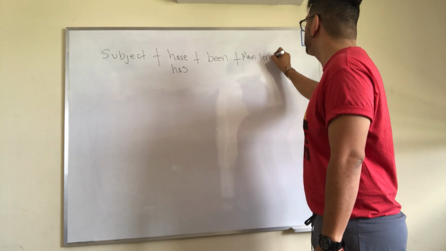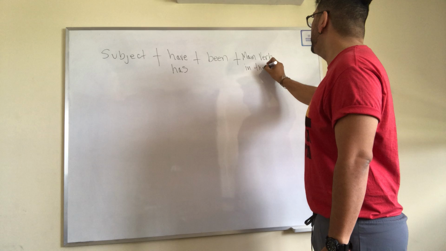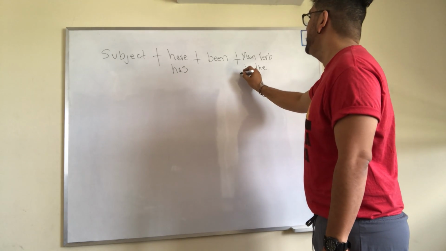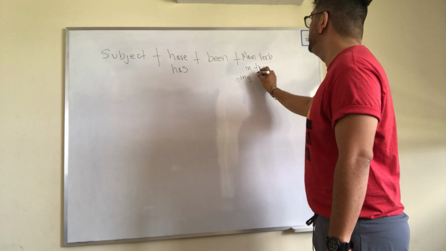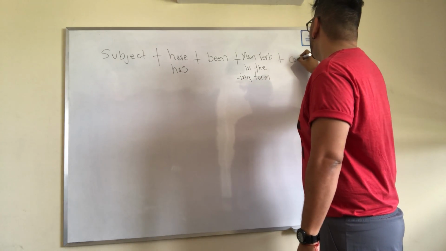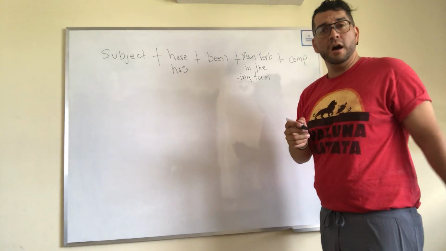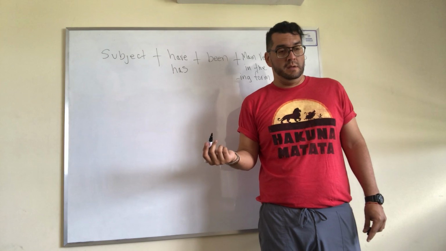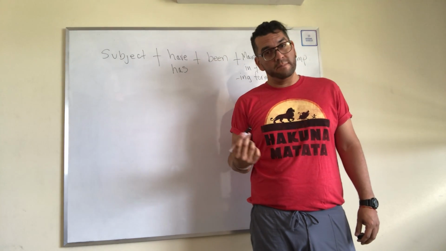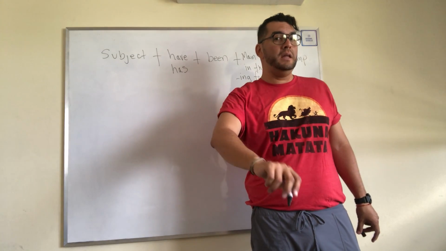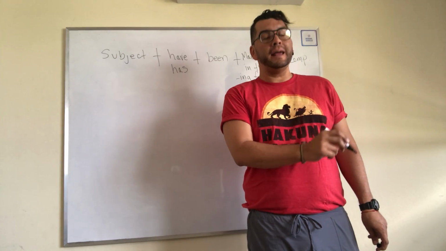Main verb in the ing form plus the complement. In the complement, in this case, you're going to tell me the time, for how long you have been doing that activity, or since when you have been doing that activity.